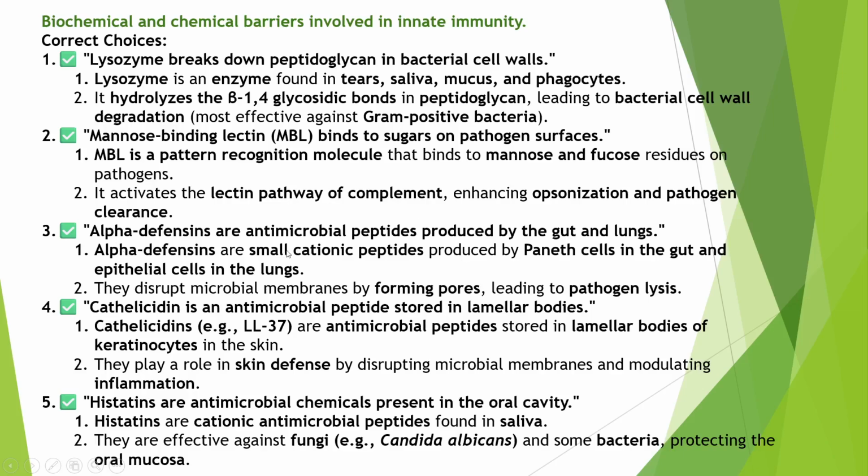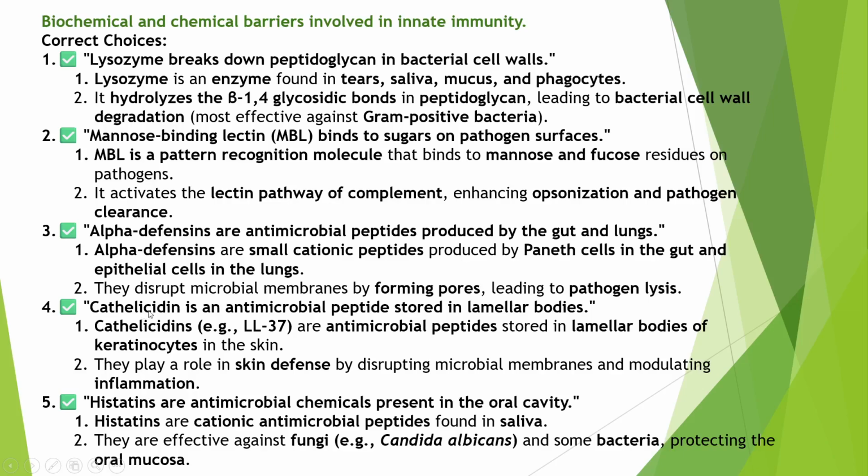Alpha defensins are small cationic peptides produced by Paneth cells in the gut and epithelial cells in the lungs. They disrupt microbial membranes by forming pores, leading to pathogen lysis. So defensins also we discussed.